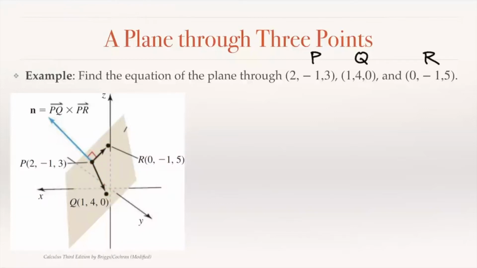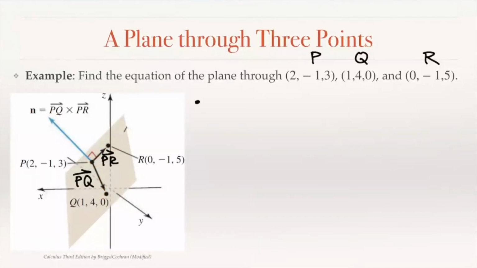So what we want is something orthogonal to these two vectors, PQ and PR. That's PR there, and that's the vector PQ. And how do we find a vector orthogonal to two other vectors? Well, the cross product. We know that the cross product of two vectors is orthogonal to both. So therefore, a normal vector is the cross product of those two.